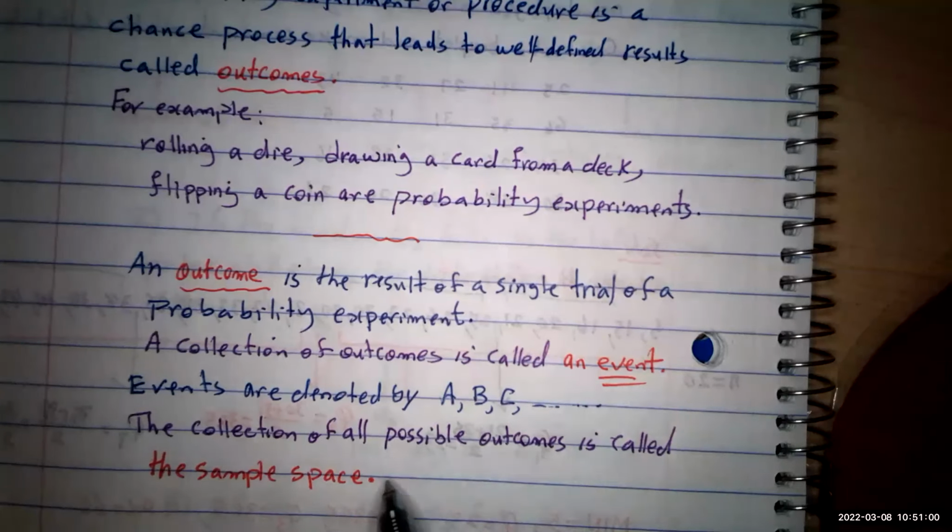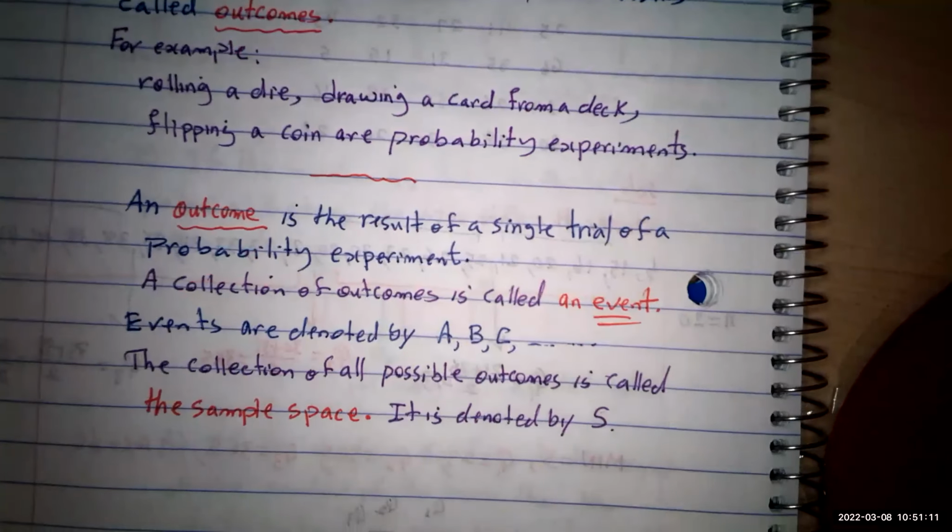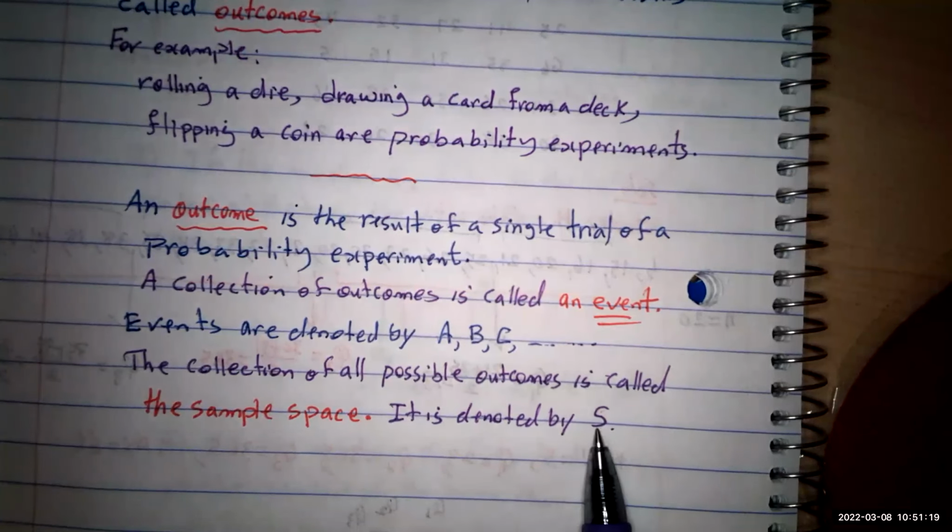Sample space is denoted by the uppercase S. Lowercase s means standard deviation in statistics. But if you use the upper letter S, the big one, in that case this is going to be called the sample space.